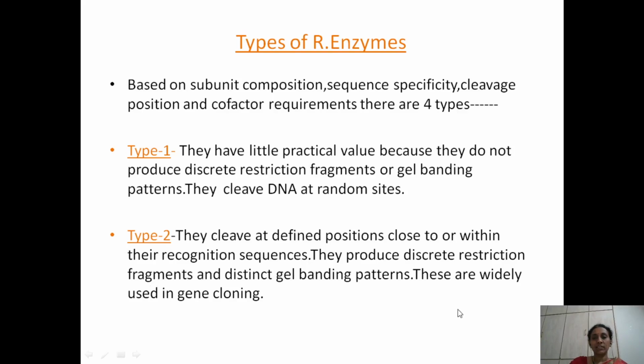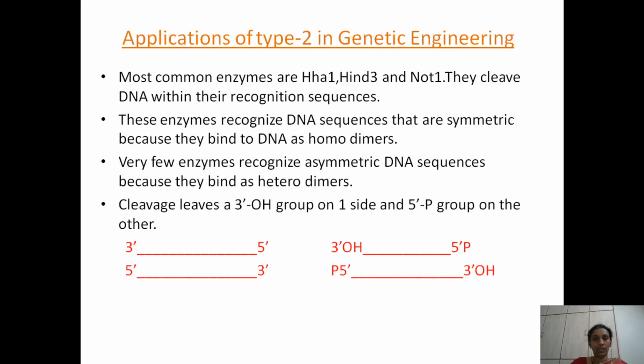As they are strict enzymes, they cleave exactly and perfectly at the restriction site so that fragments are obtained very accurately. So these are widely used in gene cloning experiments and rDNA technology.